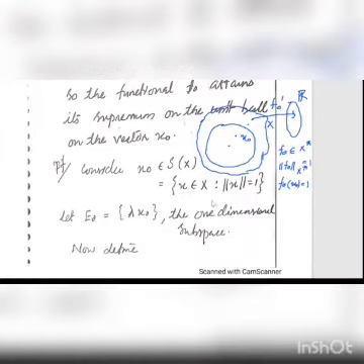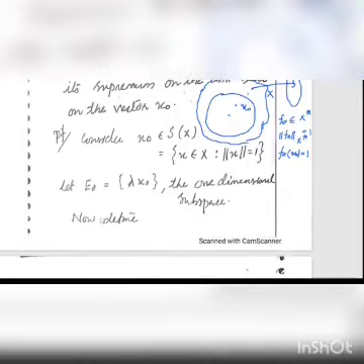For that you consider an x naught belongs to S of x, that is equal to the set of all x belongs to x such that norm of x equal to 1. Now we will consider the one-dimensional subspace E naught, E naught is equal to lambda x naught, where lambda belongs to the real line. We define the functional phi of lambda x naught is equal to lambda.